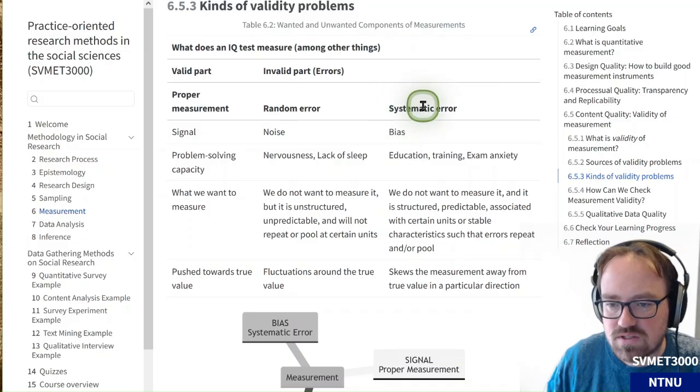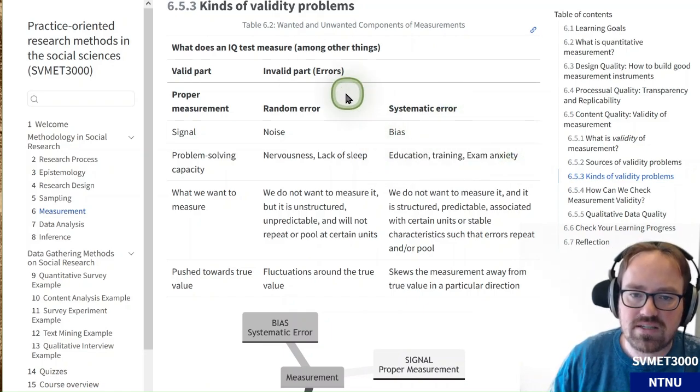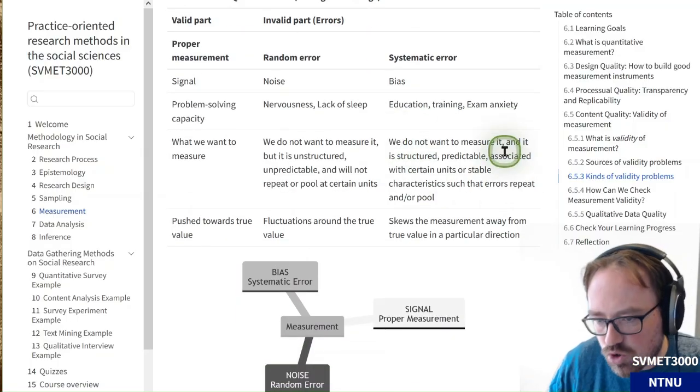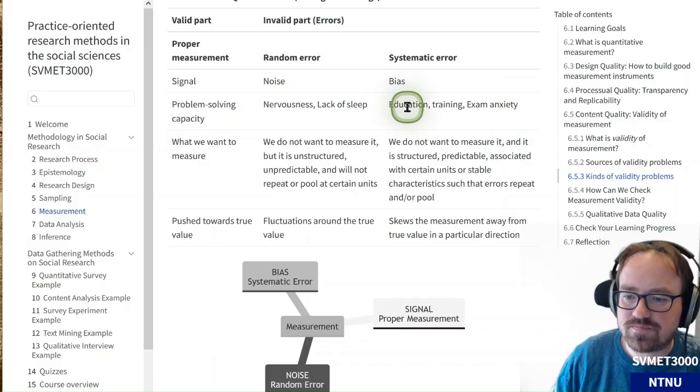However, there's also this systematic error that can cause systematic bias, and what might cause such a systematic error in IQ test measures would be education, training, or exam anxiety. We really don't want to measure exam anxiety, for instance, or the amount of education a person has received.